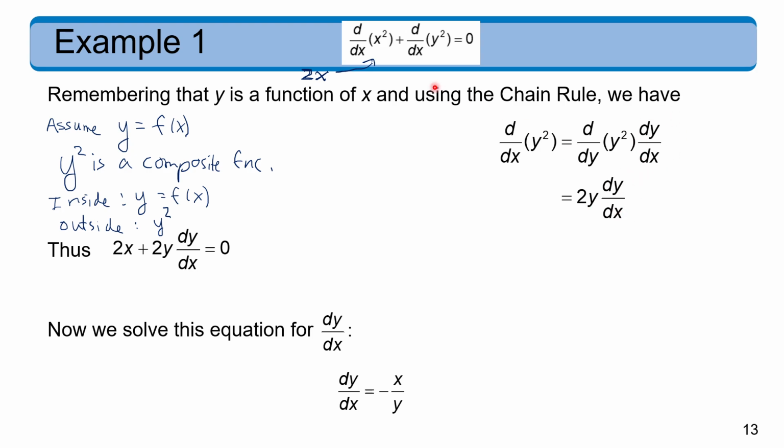So now, from here, let's substitute in for these two derivatives. So this first one is 2x, written here, plus this derivative is 2y dy dx, so we put that here. And then the right side we just keep the same as 0.